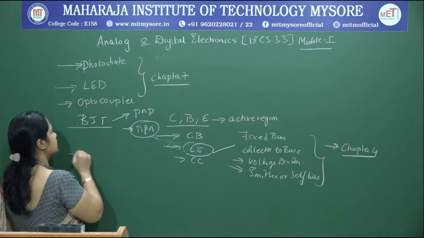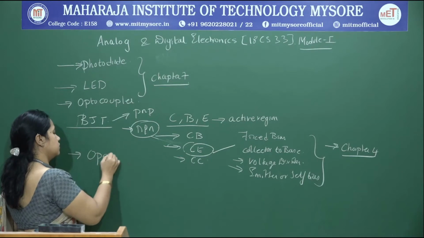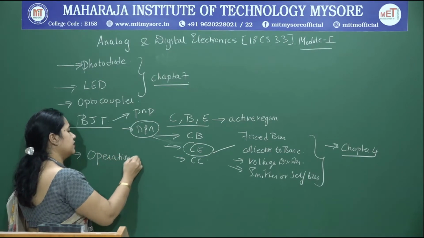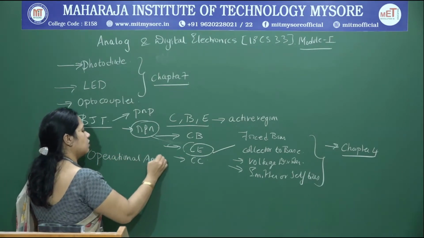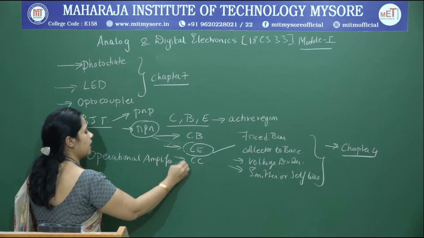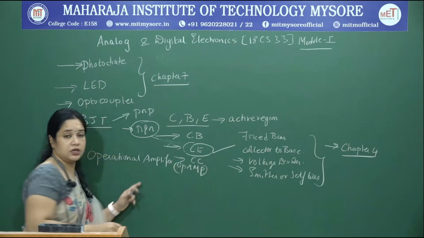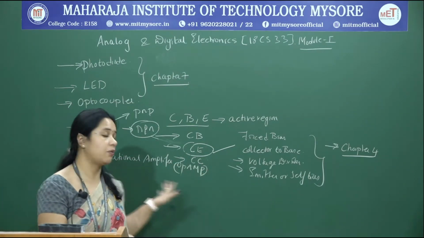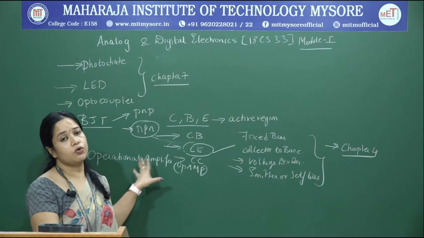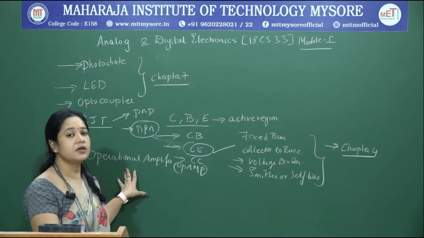And next we have the operational amplifier, or as we term them, op-amps. The fundamentals of op-amps you have already discussed in your basic electronics, wherein you know an op-amp is a high gain voltage differential amplifier.